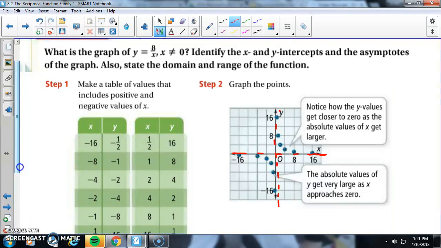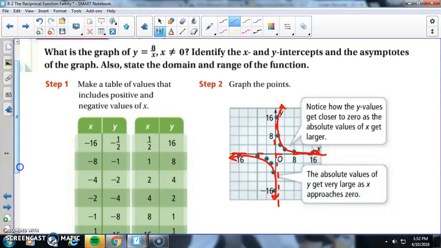So you would make a table of values, plot the values, and then just show the graph. We would connect with a curved line. And when we're picking x values, pick values that would go into 8 easily.